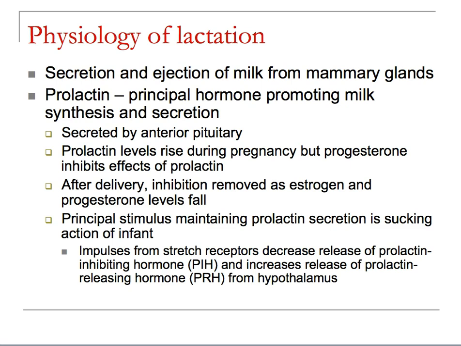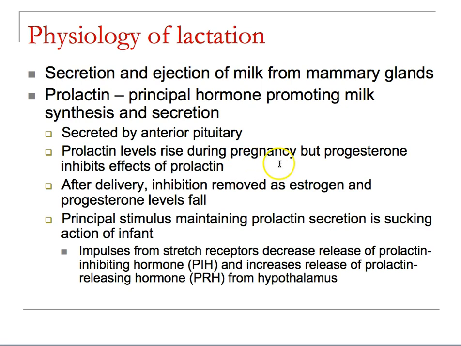Moving on to the physiology of lactation here, what we can see is that milk has to come from the mammary glands. And the major hormone that's responsible for this is, of course, prolactin. Once secreted by the anterior pituitary gland, it's actually going to cause the metabolism to increase.